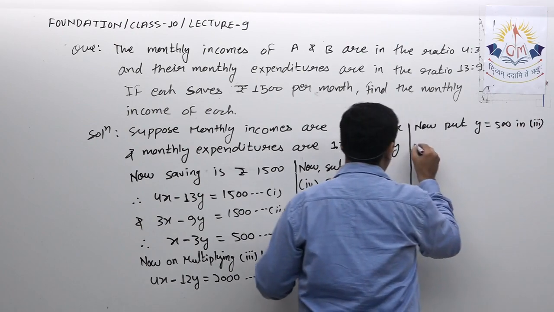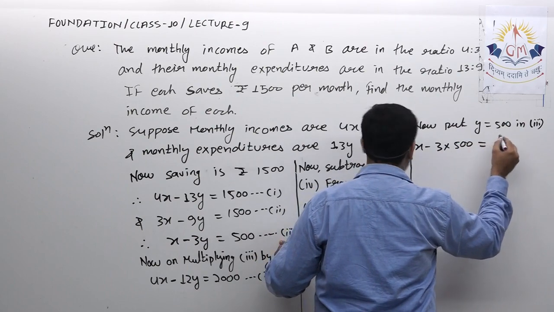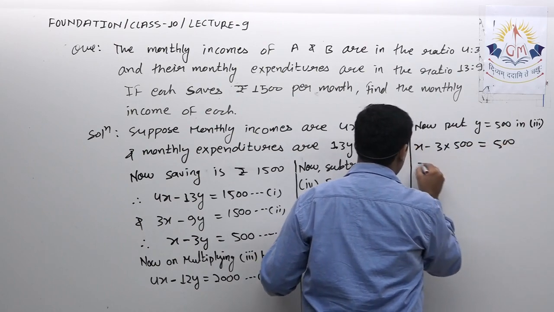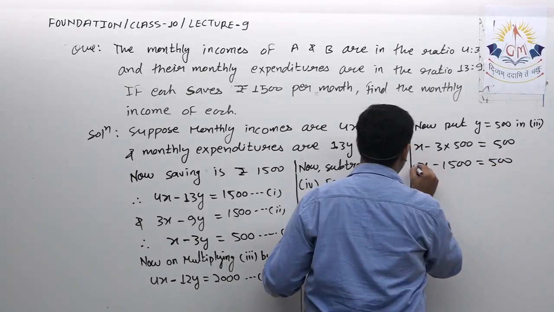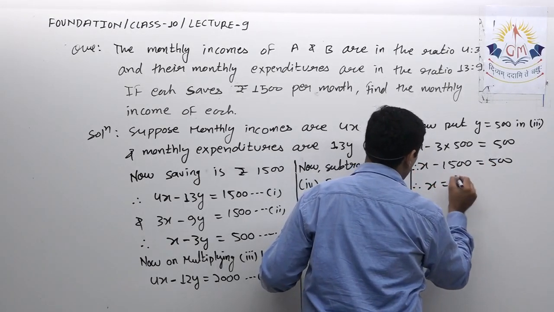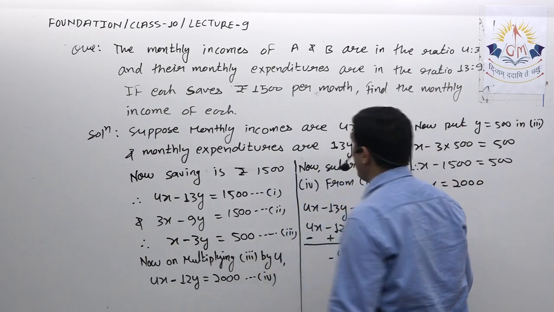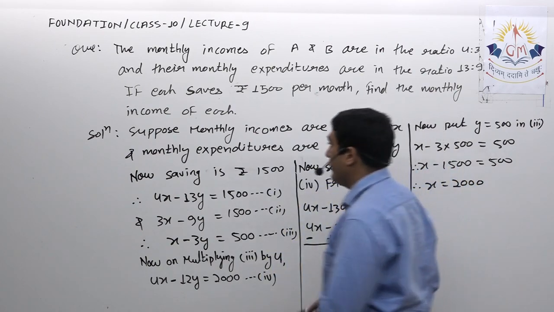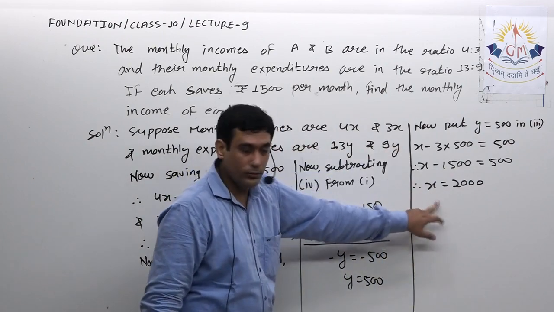So here I get x minus 3 into 500 is equal to 500. So x minus 1500 is equal to 500. Therefore x is equal to 2000. Now still x is 2000 is not my answer. My answer will be 4 into 2000 and 3 into 2000.